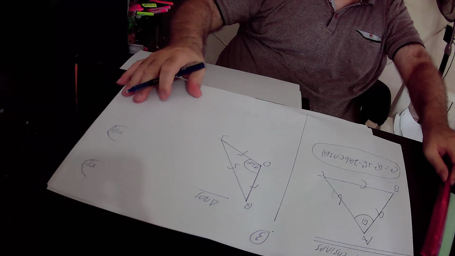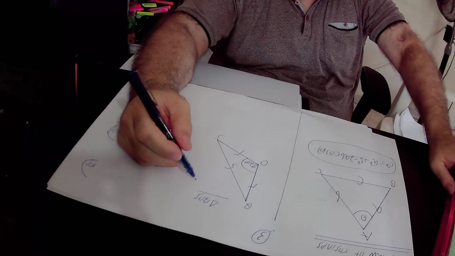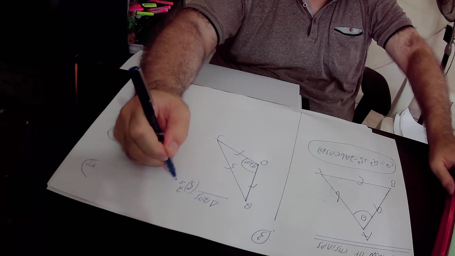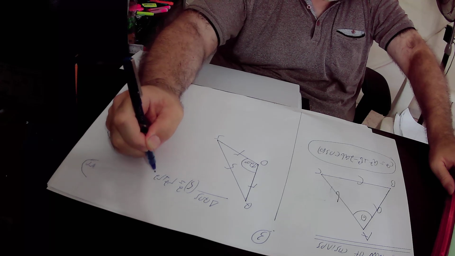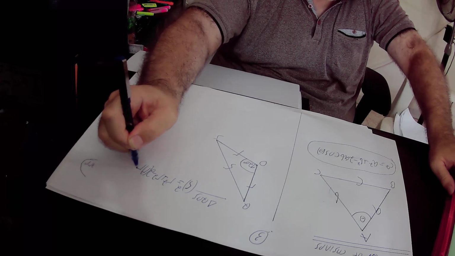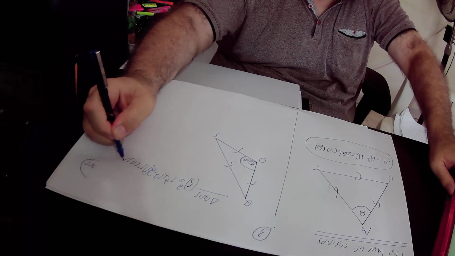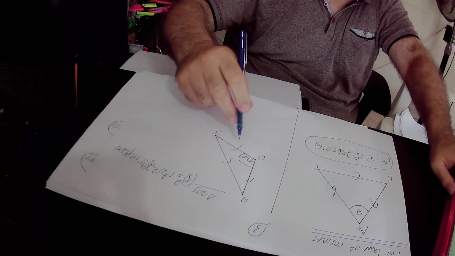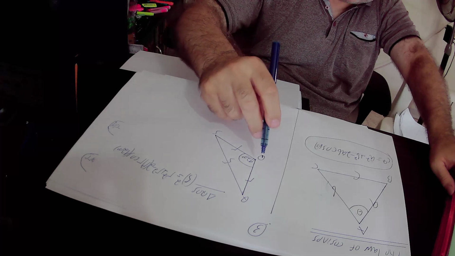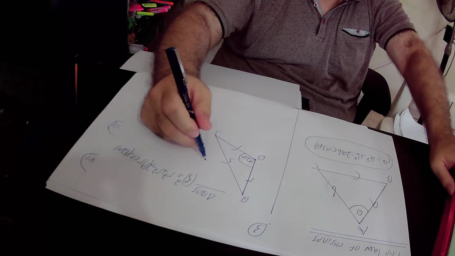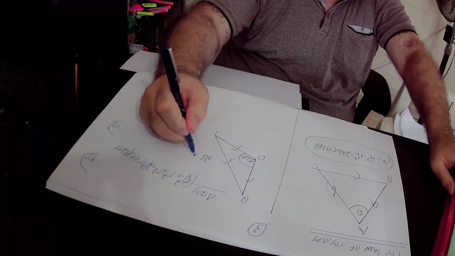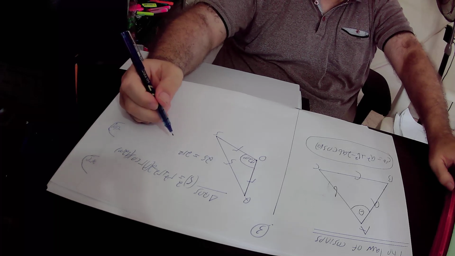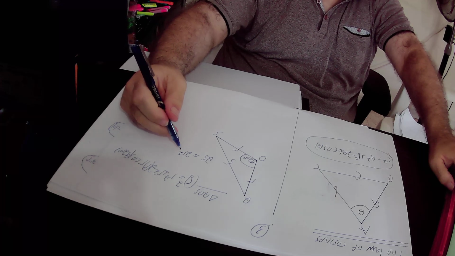So according to the law of cosines, we get here that 5 squared equals R squared plus R squared minus 2 times R times R times cosine 120 degrees. 5 squared is 25, and it is equal to R squared plus R squared, which is 2R squared, minus 2 times R times R, which is minus 2R squared, times cosine 120 degrees.